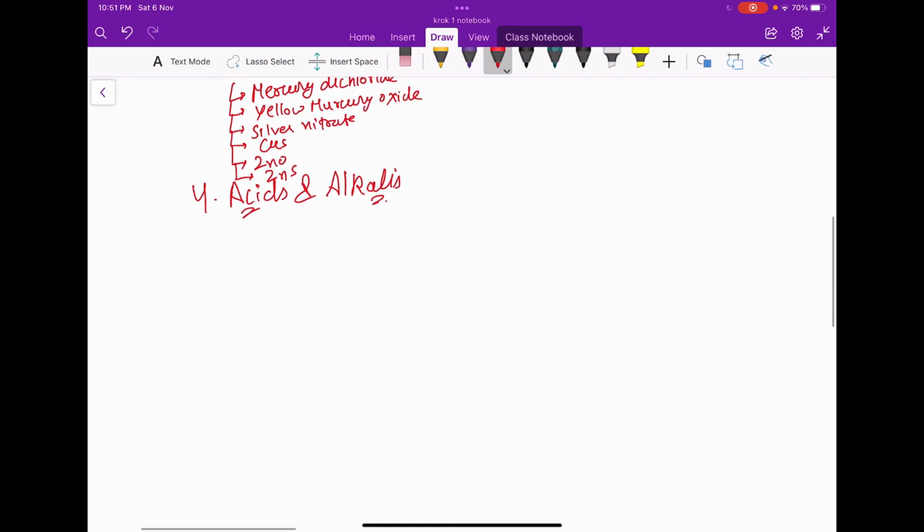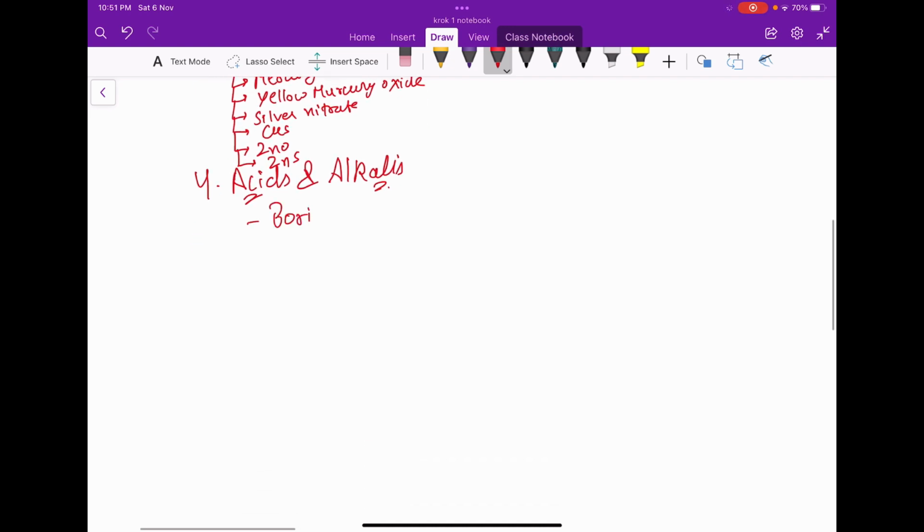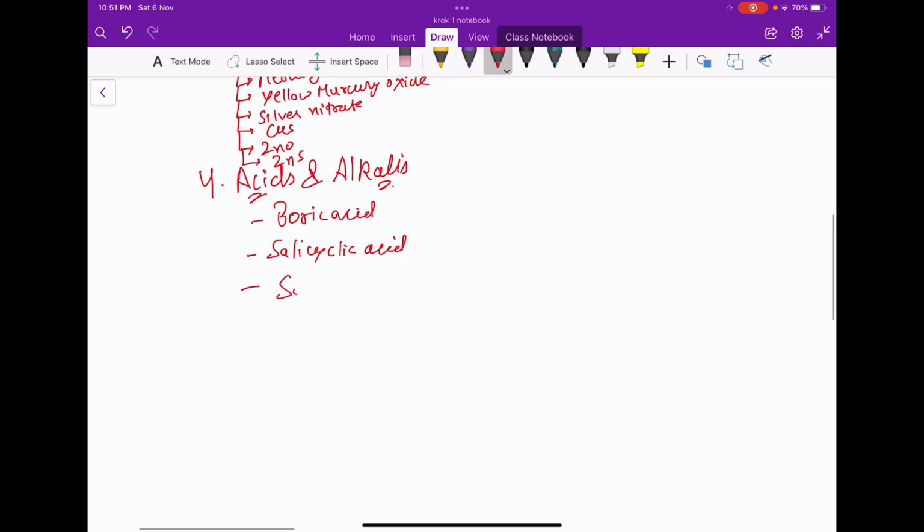Okay guys, thereafter in the acids and alkalis we have boric acid, thereafter salicylic acid, and at last we have solution of ammonia. So this is the whole classification of your inorganic substances.